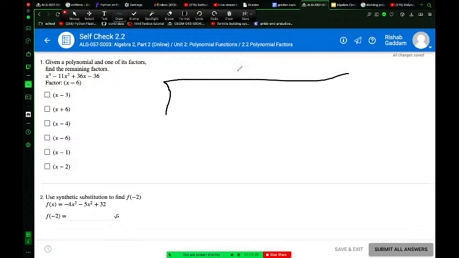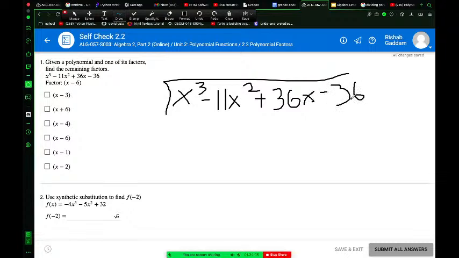So, you have x to the power of 3 in here, minus 11 x to the power of 2, plus 36x minus 36.